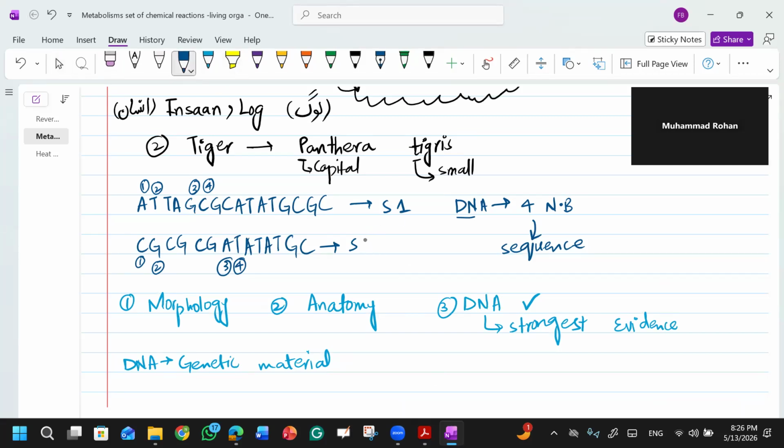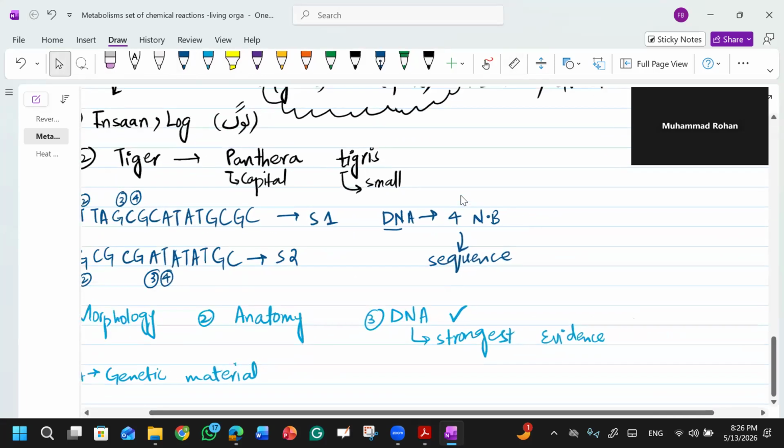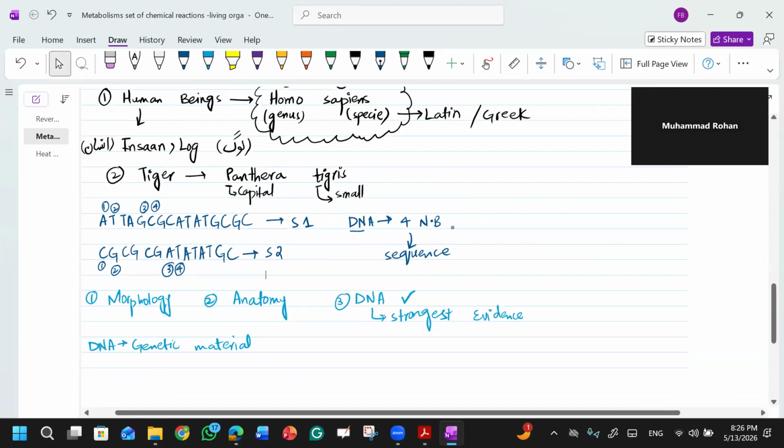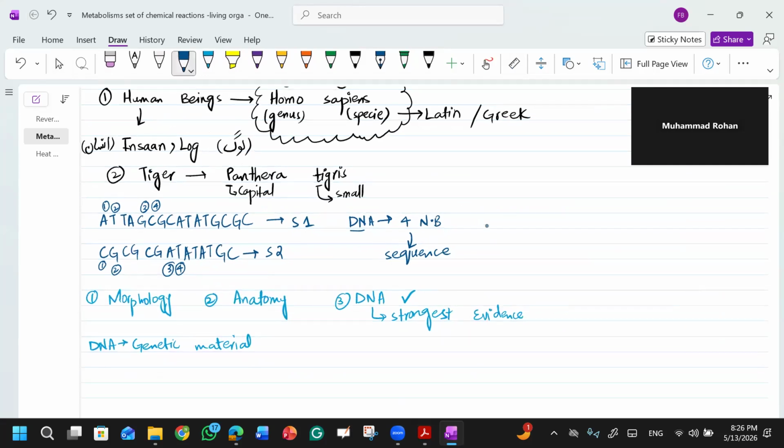Okay, these are two species. They are different. Let me write two more over here, and then you can tell me which species resemble which one. I'm not writing the exact copy. I am just asking you which species will be the same.